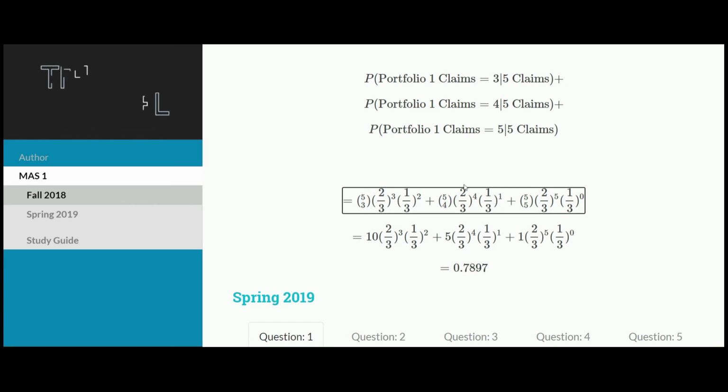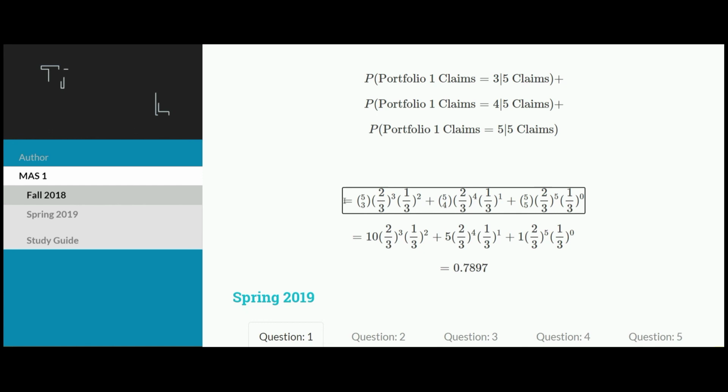Even though 2/3 to the power of 4 times 1/3 is the probability that exactly one claim came from portfolio 2, there are 5 different ways that can occur. That's why you have to multiply it by 5, and that's what this 5 choose 4 is. It's specifying the number of different ways you could order 4 claims occurring from portfolio 1 and 1 claim coming from portfolio 2.